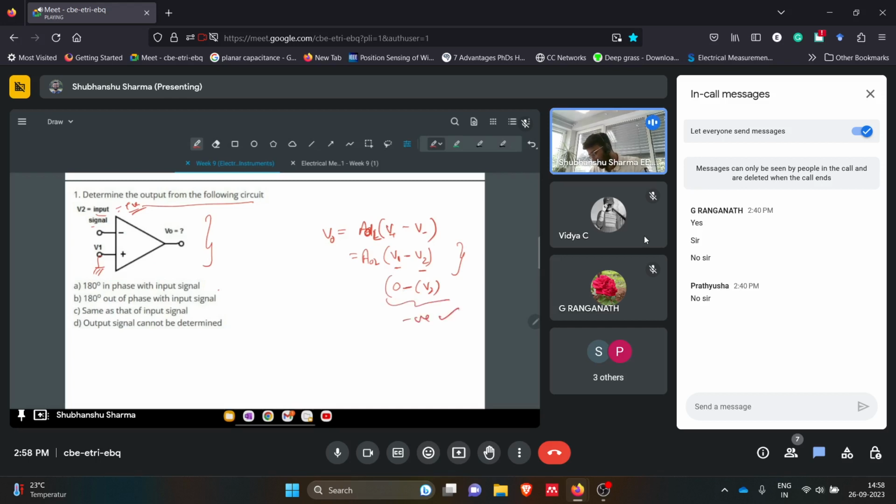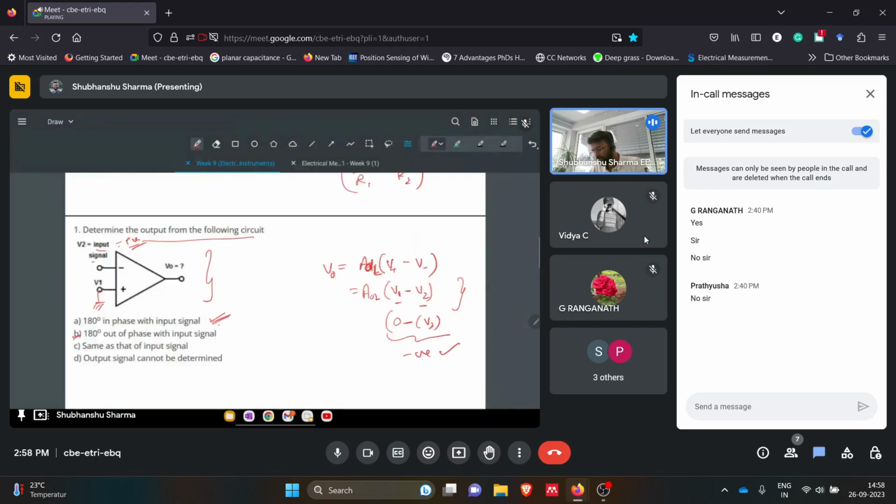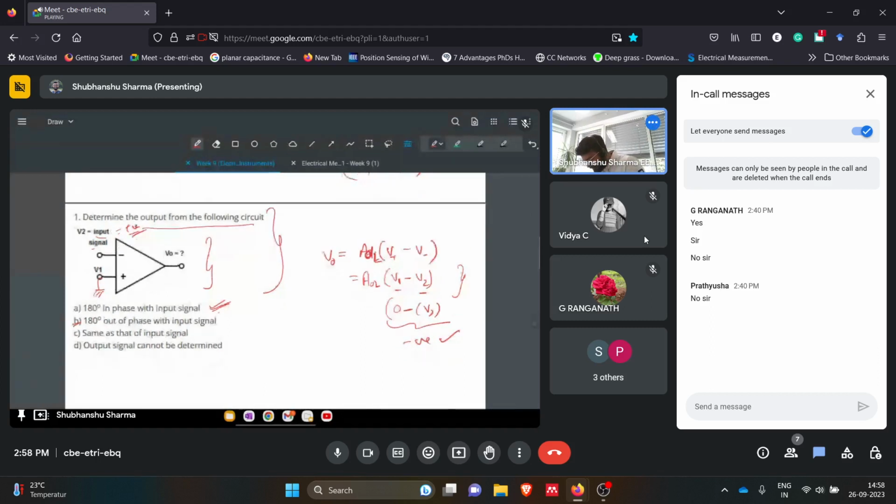So we will have 180-degree out of phase. But if V2 was negative, then we would have this as the answer. So you should know which voltage is higher, it will be mentioned, so you can answer accordingly based on the output of this one.